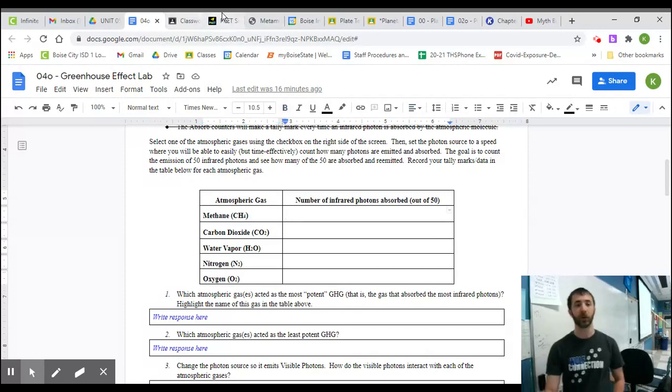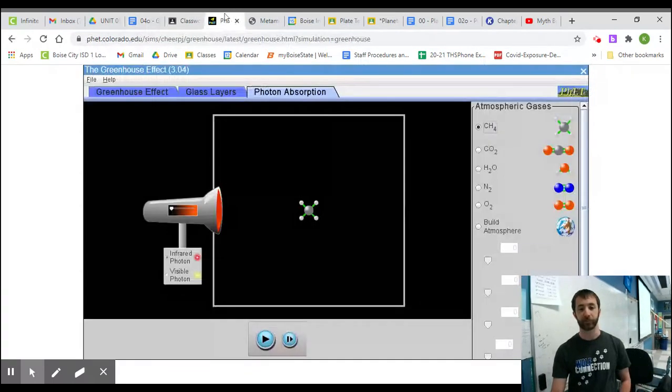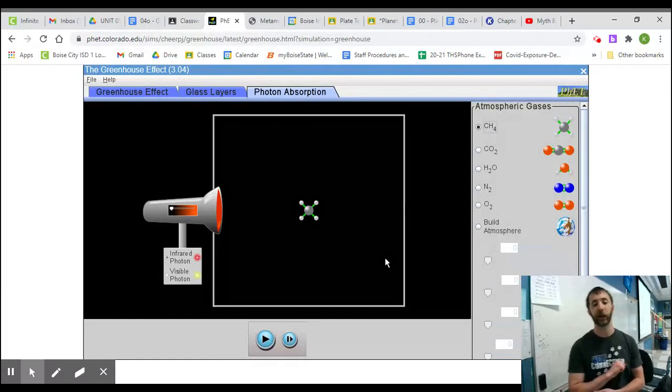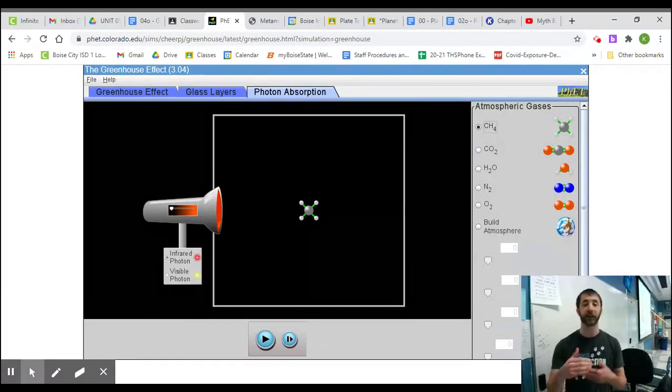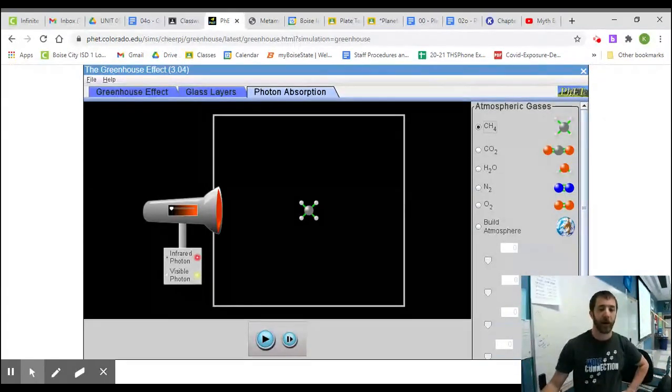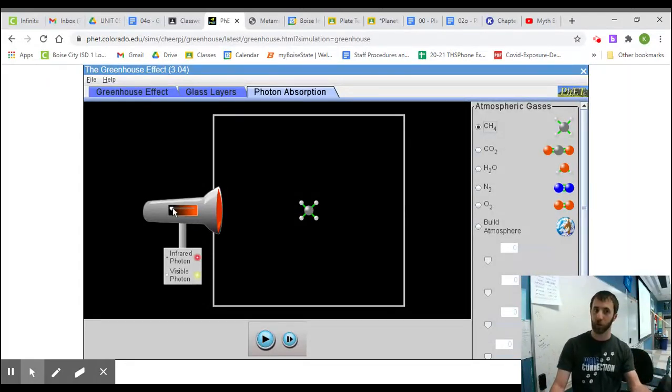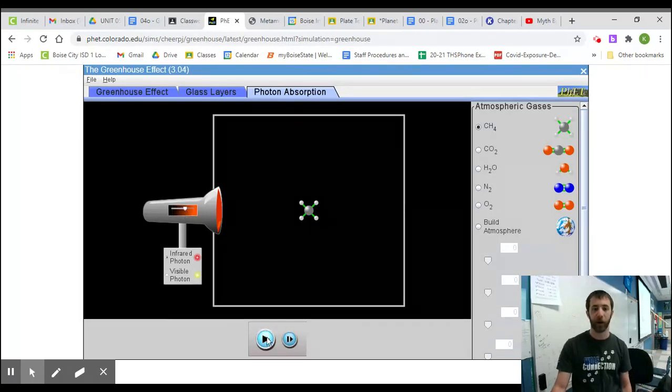What I'm going to do is count to 50. We're going to watch 50 infrared photons be emitted by this photon gun, I guess. And you need to count how many are absorbed. So, for example, I'm just going to let some shoot out here, and I'm going to show you what you'll be doing. I'm going to start shooting some photons. No absorption, none.